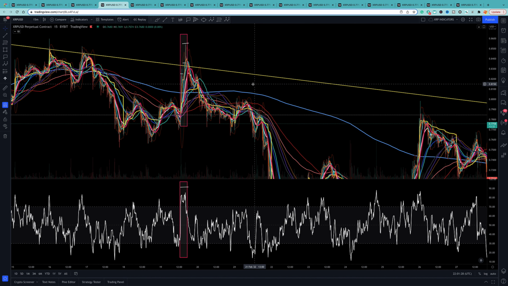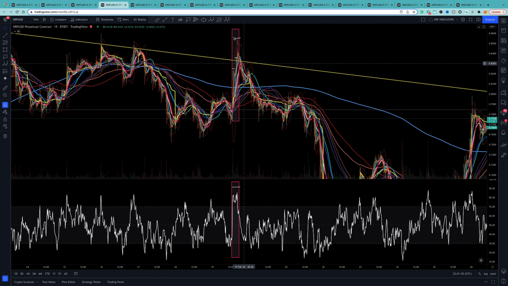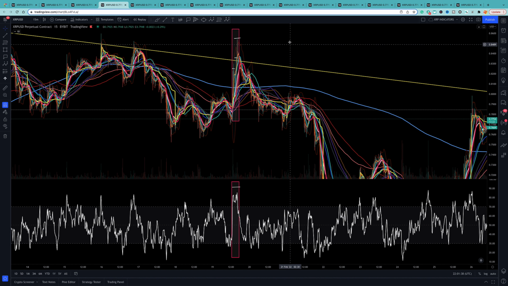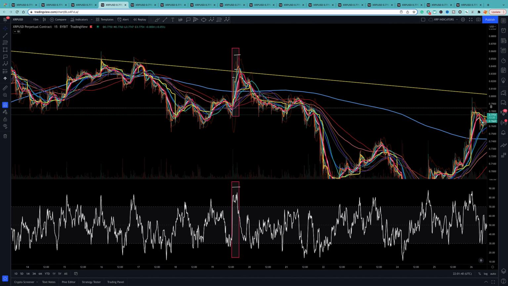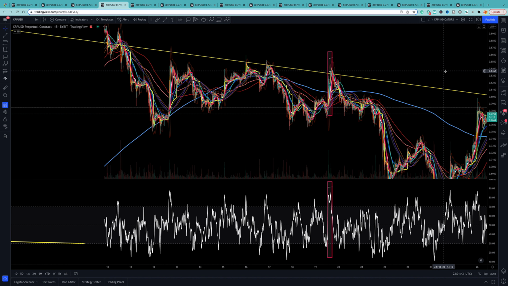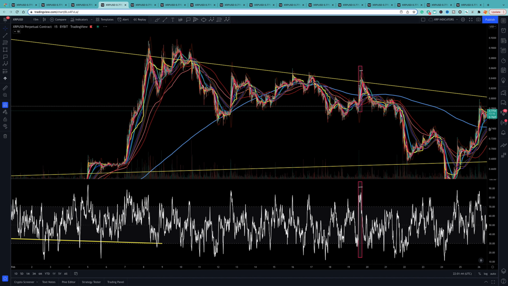Now look at this. It wasn't just a correction of this impulse here. It was the tipping point for a much bigger impulse.